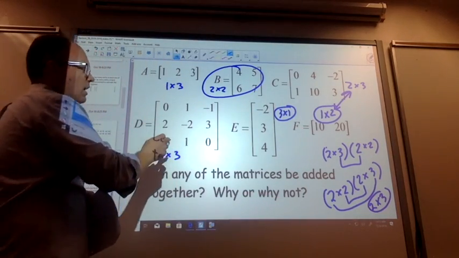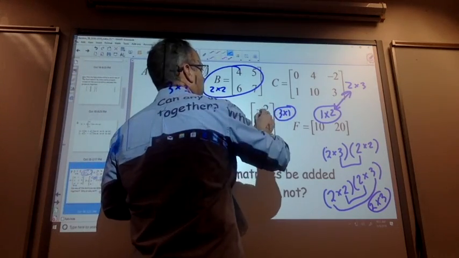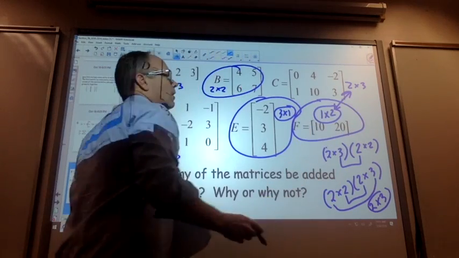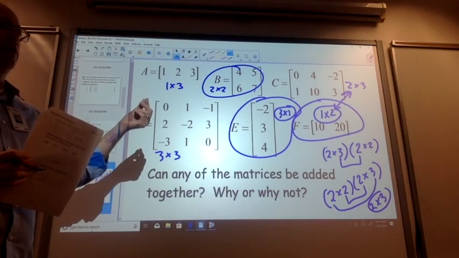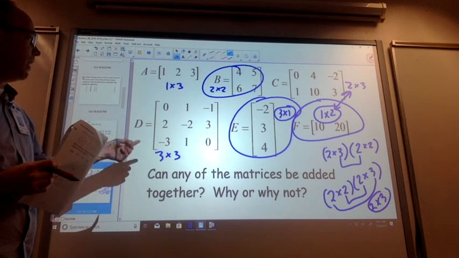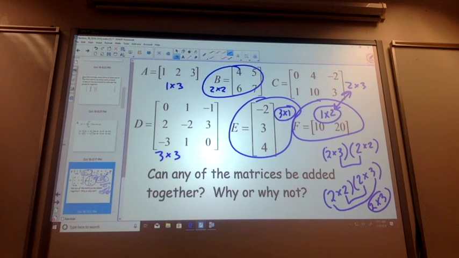And I can actually multiply E and F together because inside dimensions match, right? And then what else? Anything else with F? No, we're good.